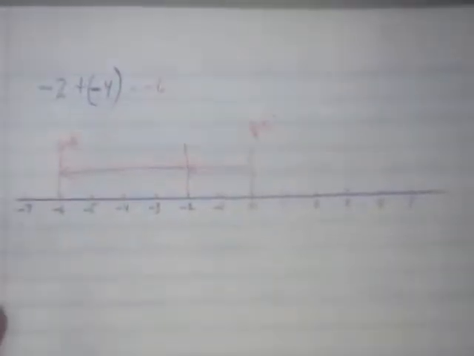From the tip of that arrow, we draw a second arrow 4 units long. 1, 2, 3, 4. Here it ends. And so we ended up with negative 6. Now let's think of this in money wise.